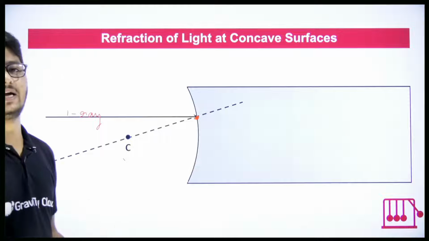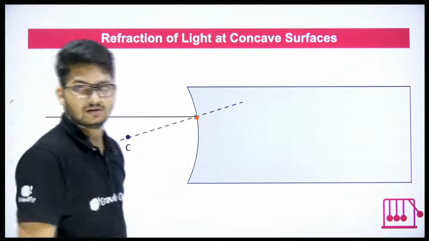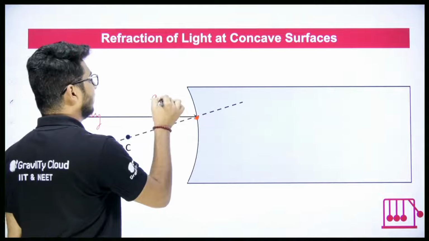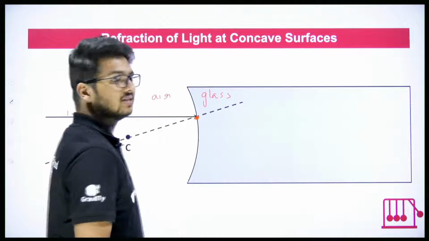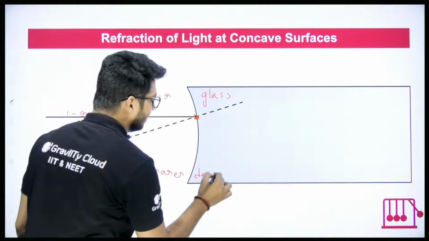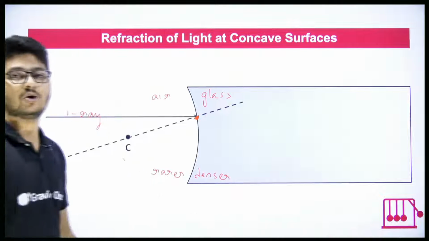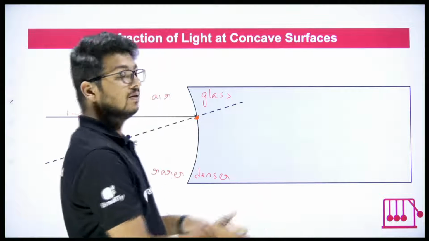We have to first figure out whether it is going from denser to rarer or rarer to denser. As I said, it is going from air to glass. We have taken the example of air to glass. Air is rarer and glass is denser. So the ray is going from rarer medium to denser medium. Then what happens?